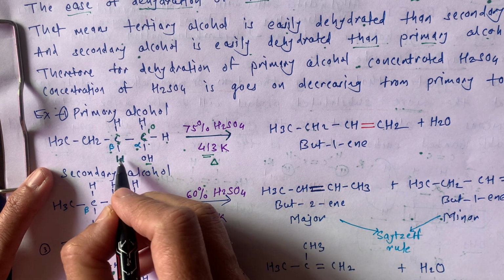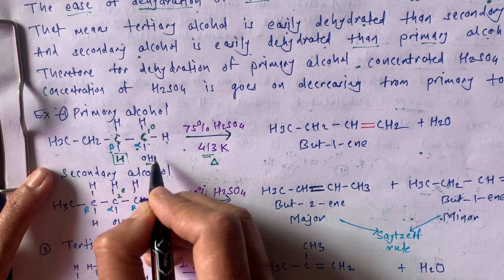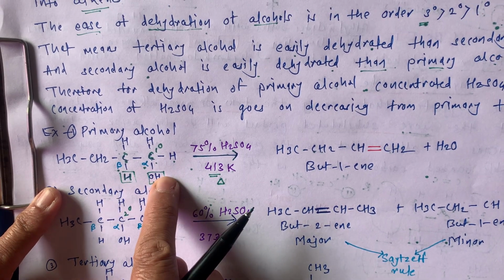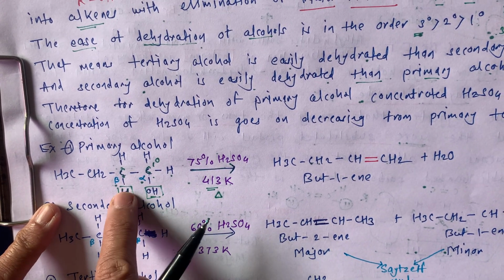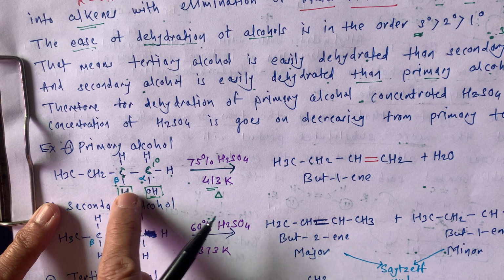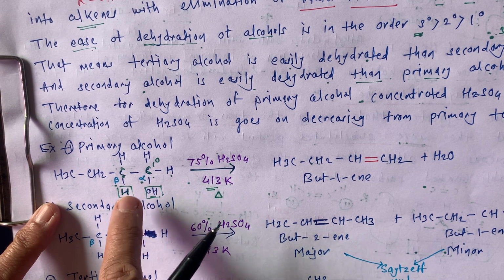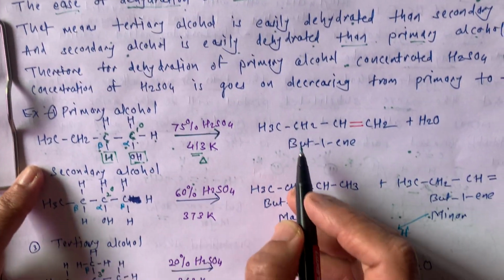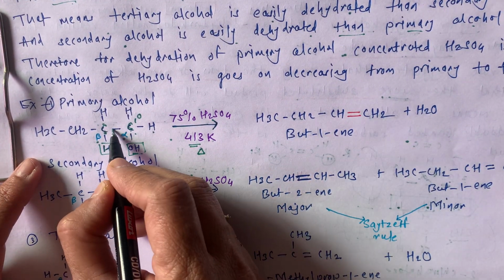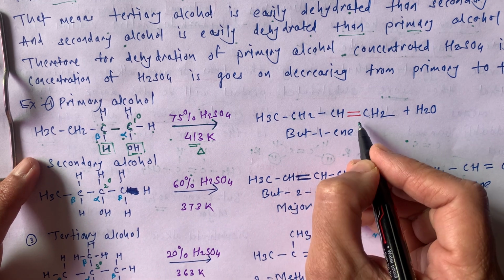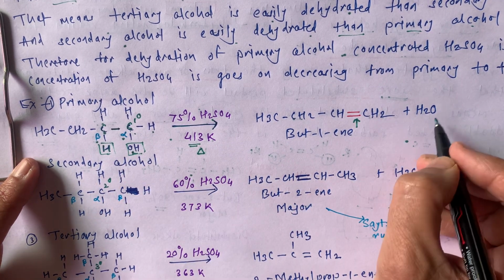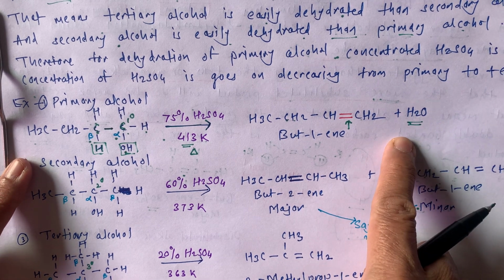Now elimination of this H and OH is going to take place, means we are going to remove HOH, the water molecule, so this is dehydration. And see here, this single bond is now converted into a double bond. HOH has been removed, and there is a byproduct H2O.